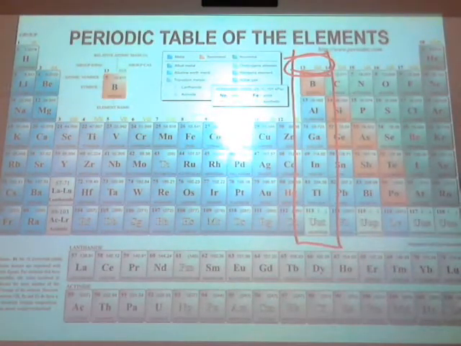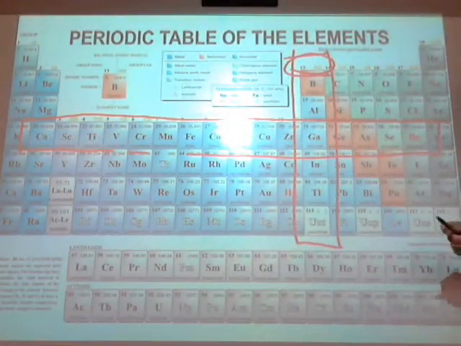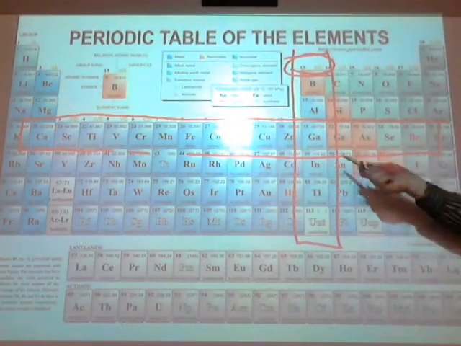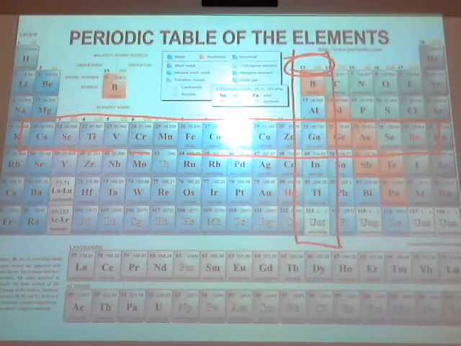The other piece of information it told me was that the highest energy level is 4. Well, that means he's in row 4, or what we call period 4. Who is he? Gallium. Sure. He's got to be gallium. Okay? That's how you do those.